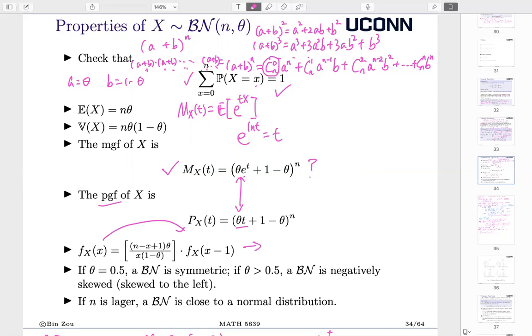If theta is 1/2, in this case it's symmetric, right? Symmetric means you have a 50-50 chance of seeing a success event or a failure event. So it's equally likely. If theta is more than 1/2, it's negatively skewed, or you can call it skewed to the left, but that's not entirely important. The last one is quite helpful in some applications, because for an insurance company, the number of policies is huge.